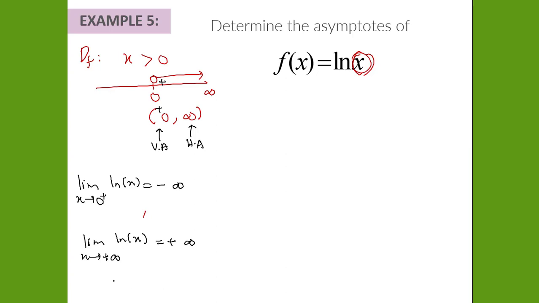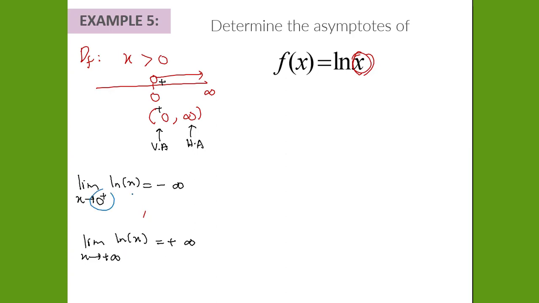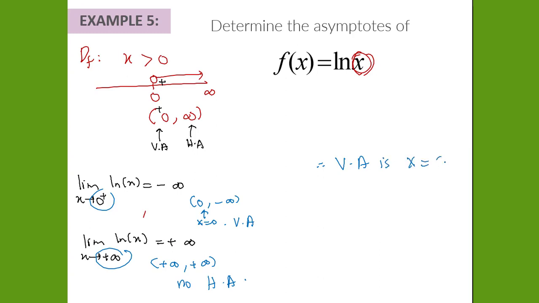So here x is 0, and y is negative infinity, so x equals 0 is a vertical asymptote. And here, positive infinity, so no value, which means no horizontal asymptote. Therefore the vertical asymptote is x equals 0.